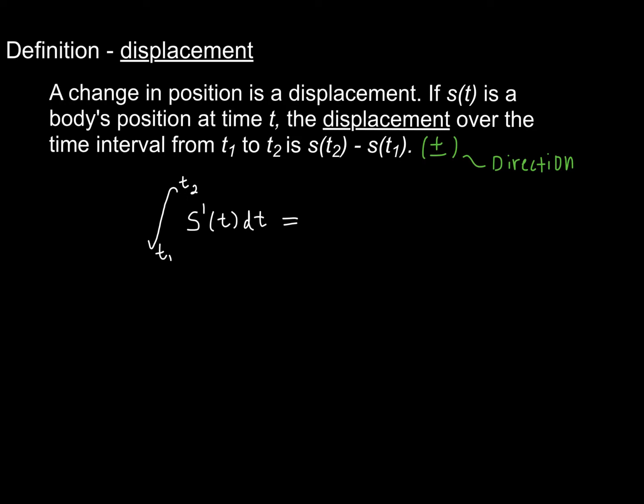So we can interpret this more concisely as the integral from t sub 1 to t sub 2 of the velocity of that particular body, dt. Okay? And this, of course, is just going to be equal to the position at time 2, t sub 2, minus the position at time t sub 1.